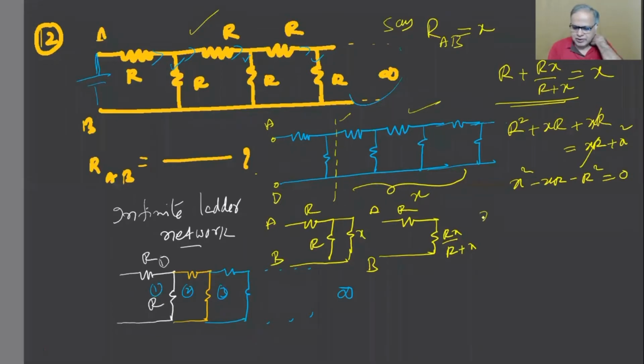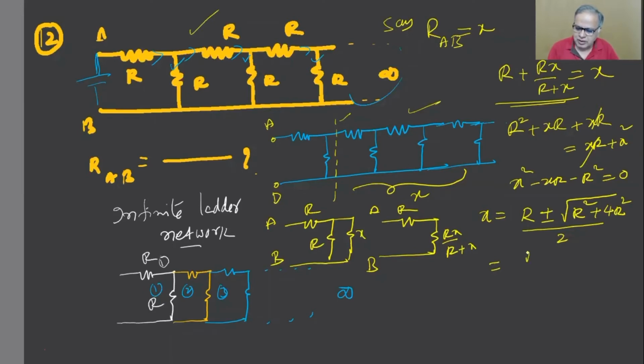So x equals minus b, that is minus of minus R, plus R minus root b square, R square, minus 4ac. This is minus R square here, so plus 4R square by 2 into 1.